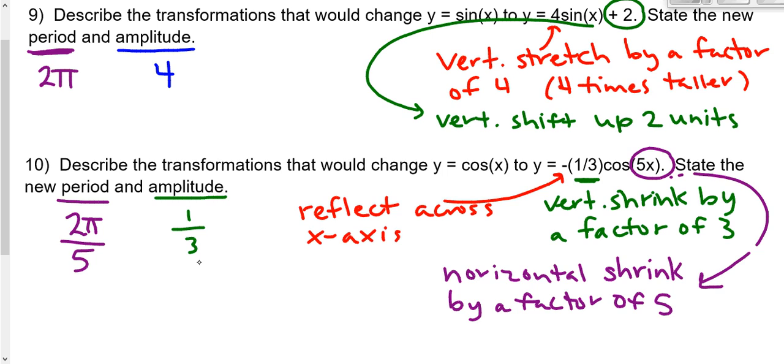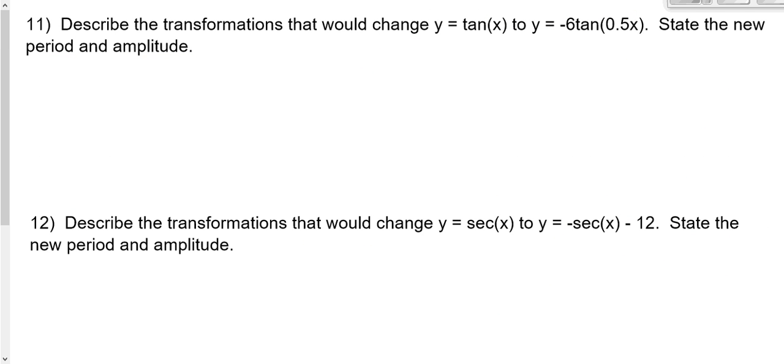Okay, next one. Number 11. Describe the transformations that would change y equals tangent of x to y equals -6 tangent of 0.5x. State the new period and amplitude. Okay, so because of the negative, just like we saw in the last problem, there's going to be a reflection across the x-axis.